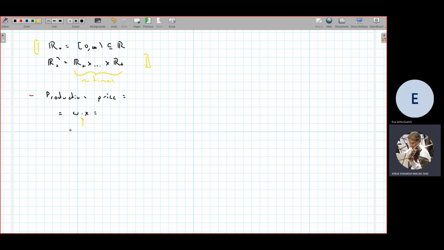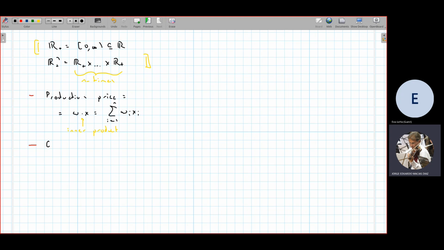We understand this as an inner product, which means that this is the sum of the wi times the xi. Those are all the assumptions and the notation.